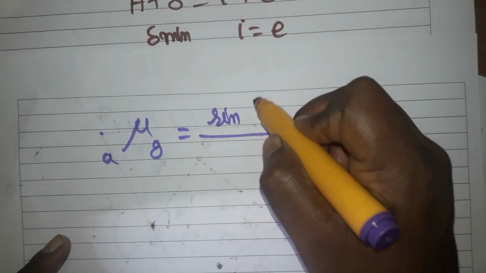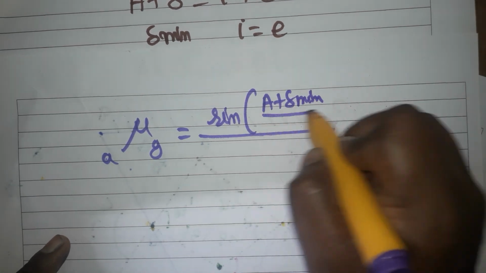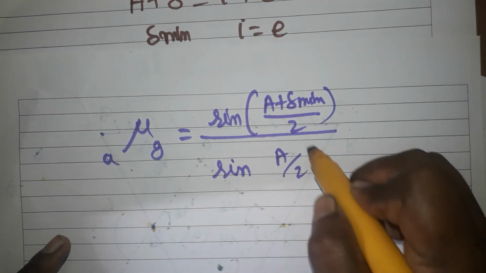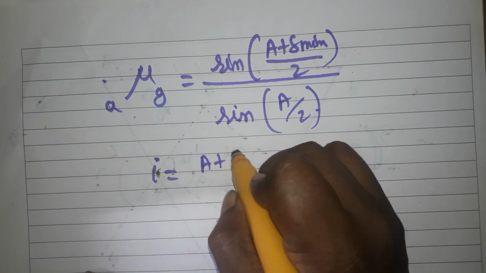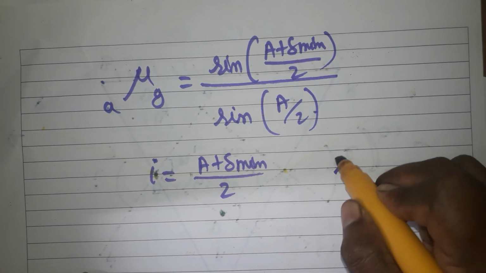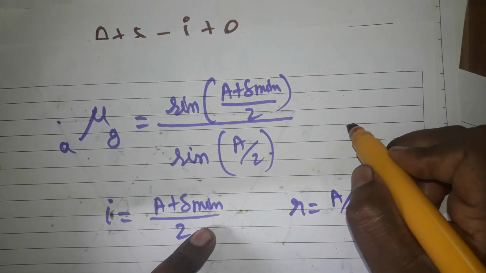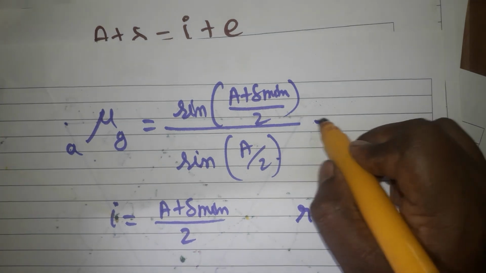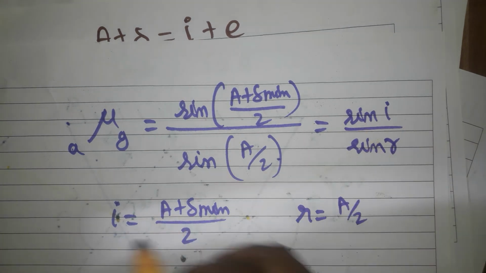Sin I is sin of A plus minimum deviation divided by 2, divided by sin of A divided by 2, because the incident angle is A plus minimum deviation divided by 2 and the refracted angle is A divided by 2. This happens when the deviation becomes minimum, that is the time the graph is at its minimum. It's the equation sin I by sin R, Snell's law only, which I modified like this.